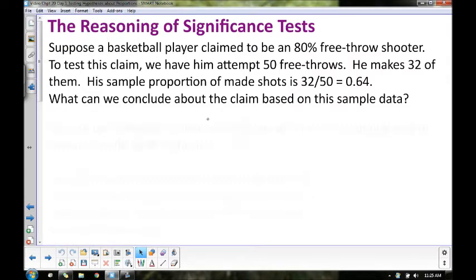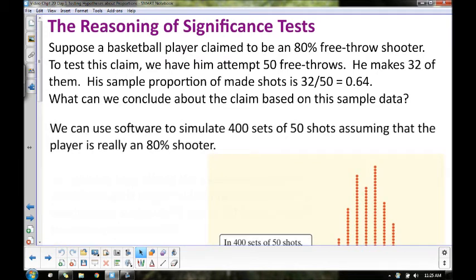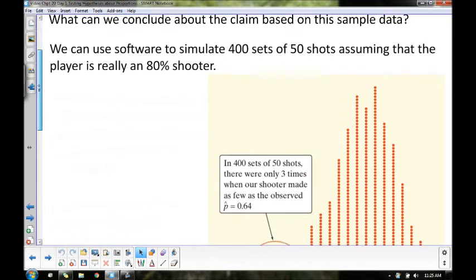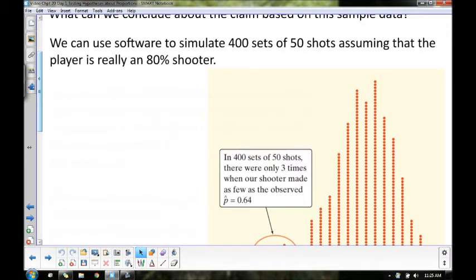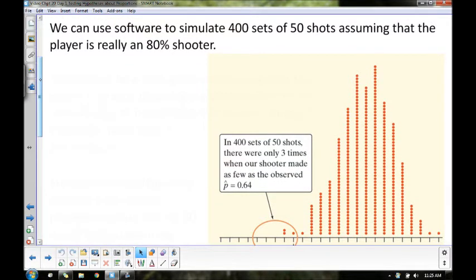So what we're going to do is use software to simulate. If this guy did have an 80% free throw rating, what would that result in? Just like we used the simulator before, here we've got it pre-done. If he really did have an 80% free throw rating, we're going to take 400 different sets of 50 shots.